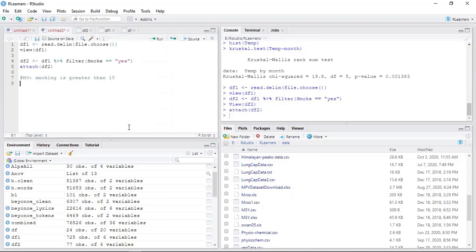Therefore, the alternate hypothesis will be that smokers are less than 15 years.